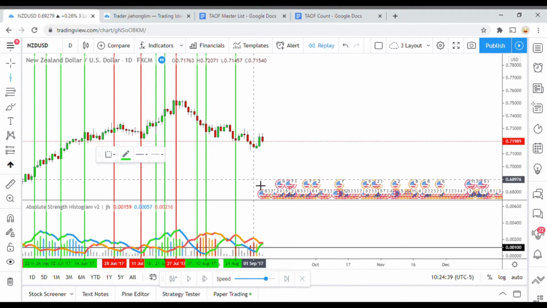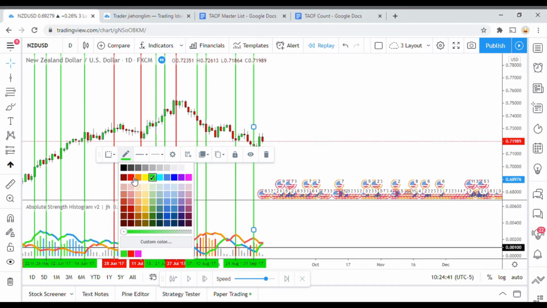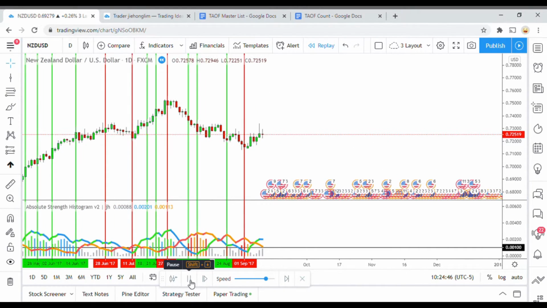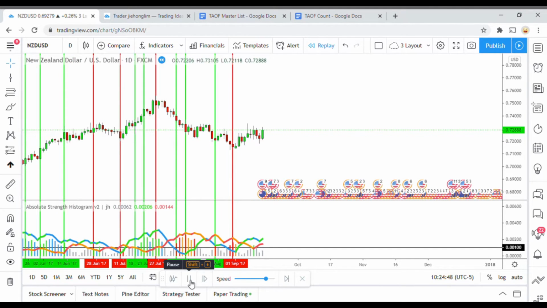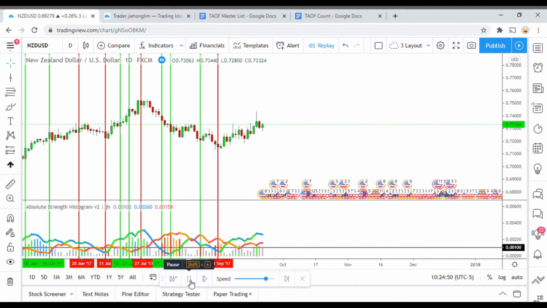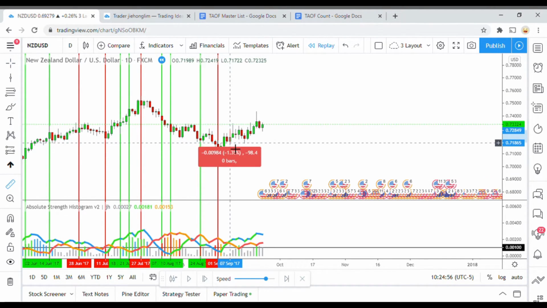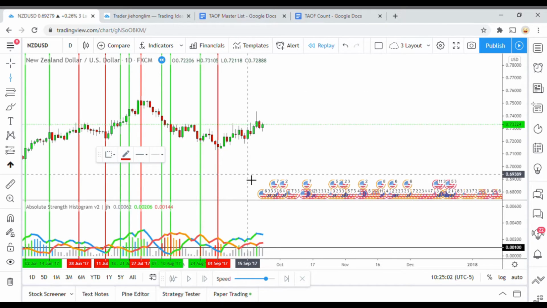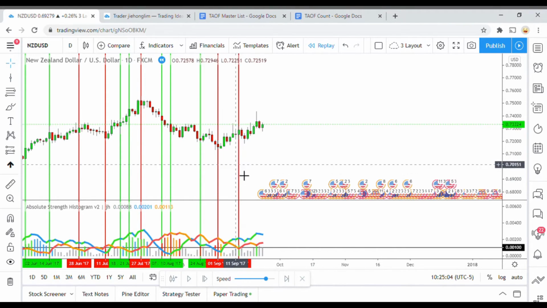And that one would have stopped us out. And moving along, we get a long signal right there. Off that one, did retrace quite a bit here. Ooh, that's unfortunate. Barely stopped us out right there on that one.